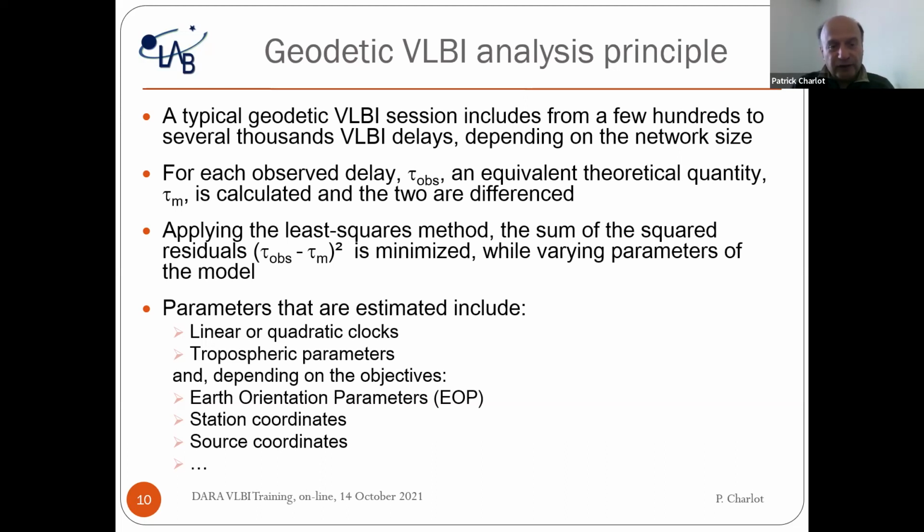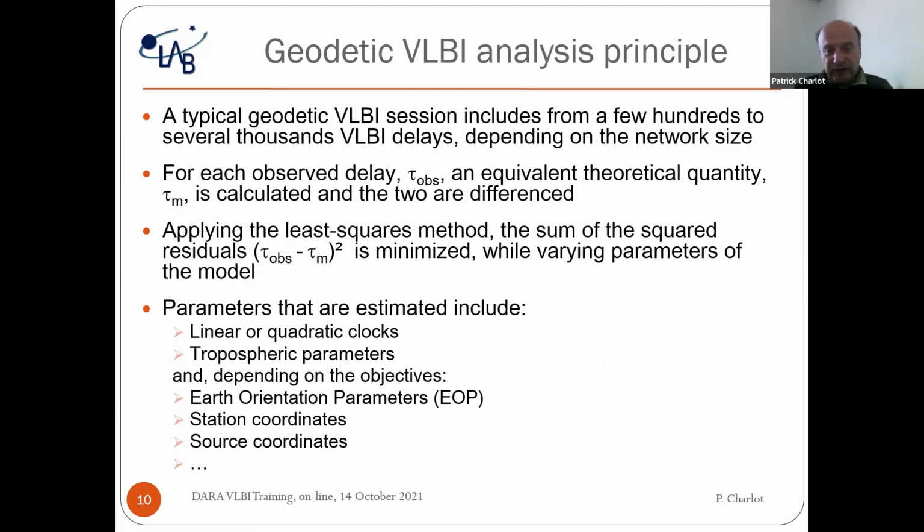So for each quantity that you measure, the observed delay, which I call tau obs here, you will calculate an equivalent theoretical quantity, which I call tau m, using basically theoretical modeling, and you reproduce the equivalent of the observed quantity. So you calculate this, and then you take the difference between the two quantities.